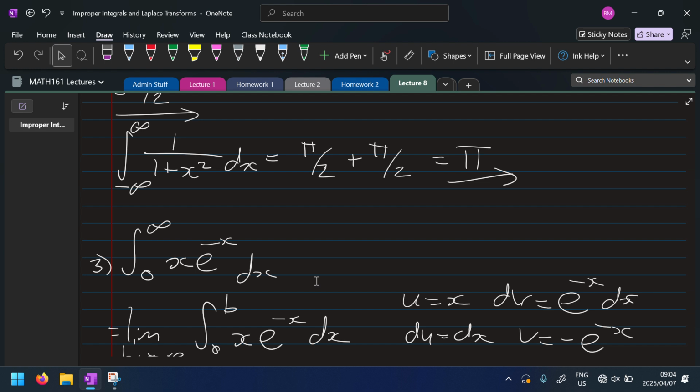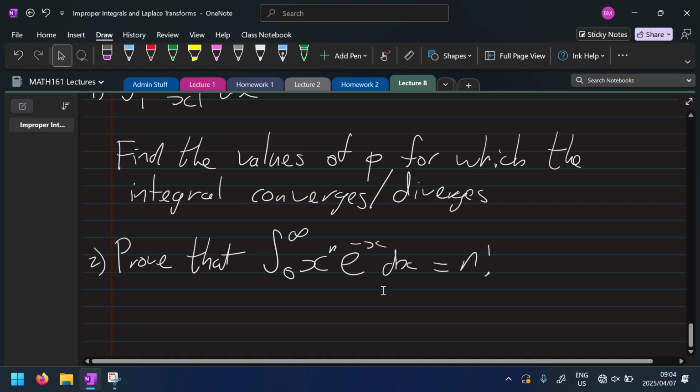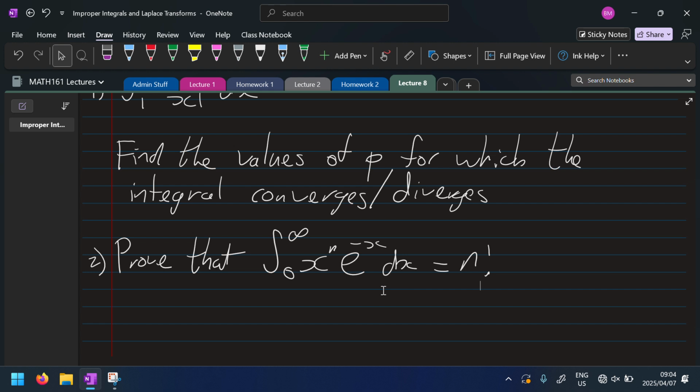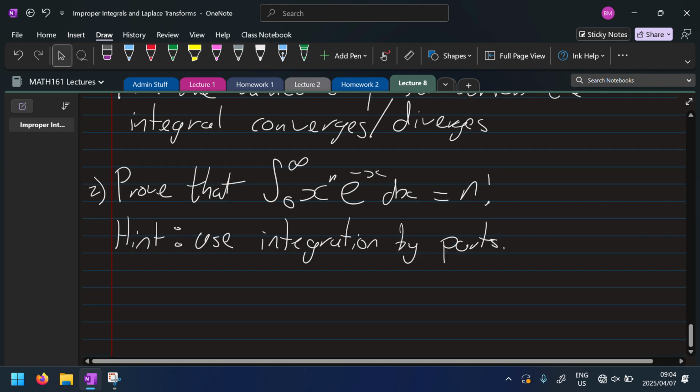If it was 3 in the top there, you'd end up with 3 factorial. For any n in the top there, you end up with n factorial. So try to prove that. I'll give you a hint: use integration by parts. Very similar to what we did for the x e to the minus x. Do the same thing, but now your u will be x to the n instead of just x. So try that out.